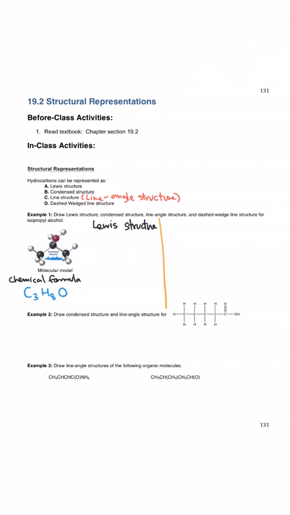Let's start with the Lewis structure. We learned in Chem 122 that the Lewis structure of this carbon right here would connect to 4 bonds. Therefore, the Lewis structure would be a carbon connected to 3 hydrogens, and then connected to the next carbon.